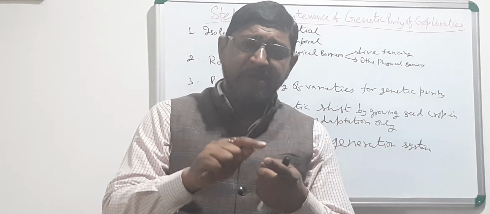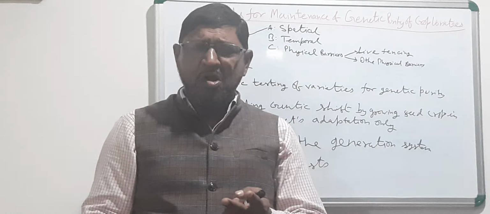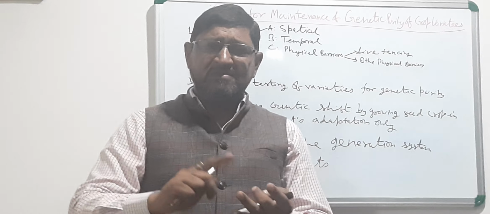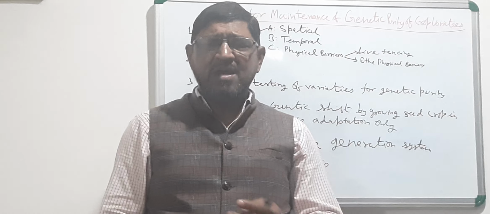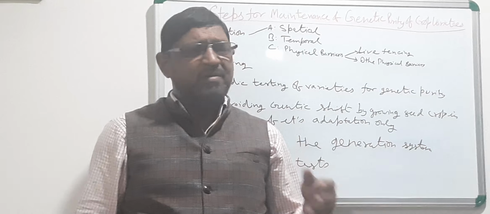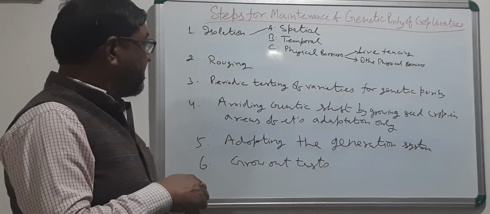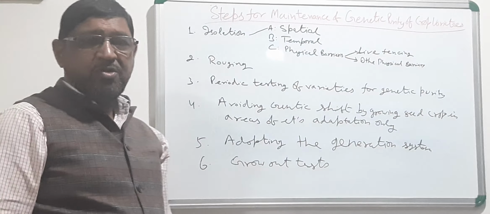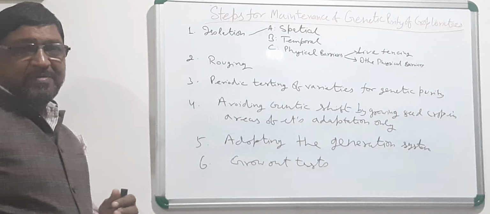It may be an off type plant of the same crop, an off type plant of other crops, weeds, noxious weeds, or a diseased plant which is unwanted. All of these you have to remove as part of the roguing process. So you are keeping your crop variety pure.